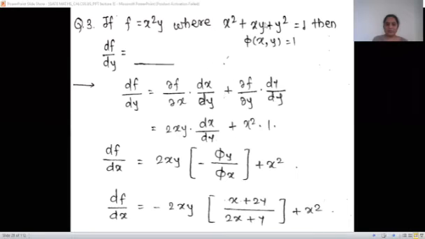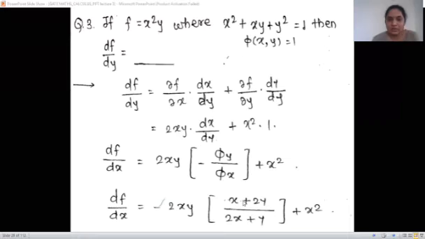And if you want to find for this function the derivative dx by dy or dy by dx for an implicit function, this is an implicit function, we know the formula. dx by dy is minus phi y upon phi x. Phi is this function. So the minus sign I'm taking outside.